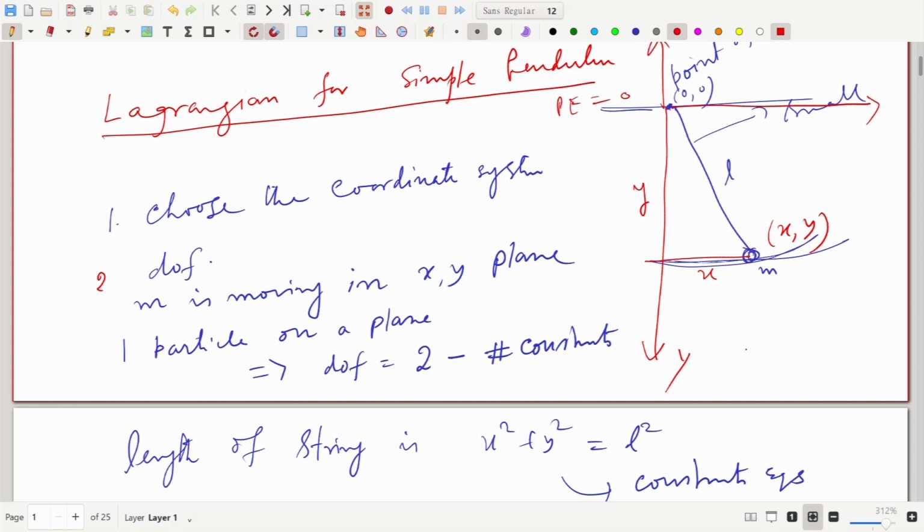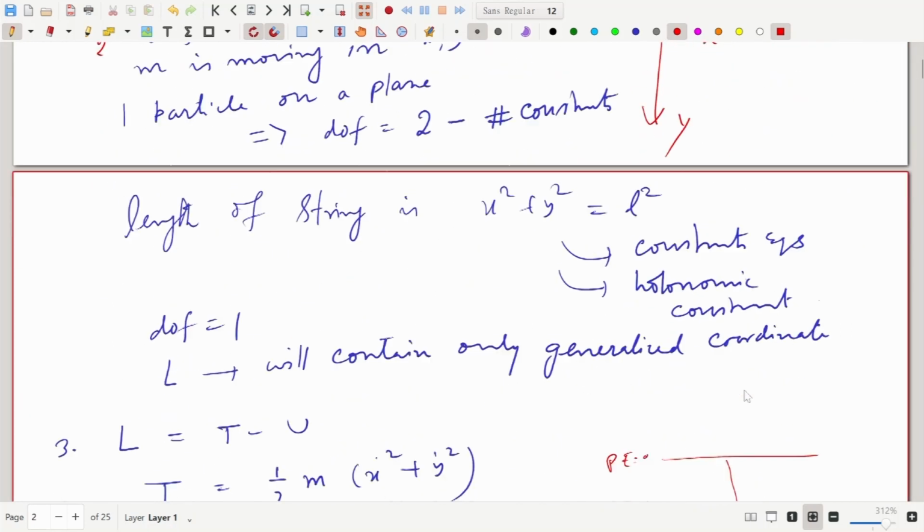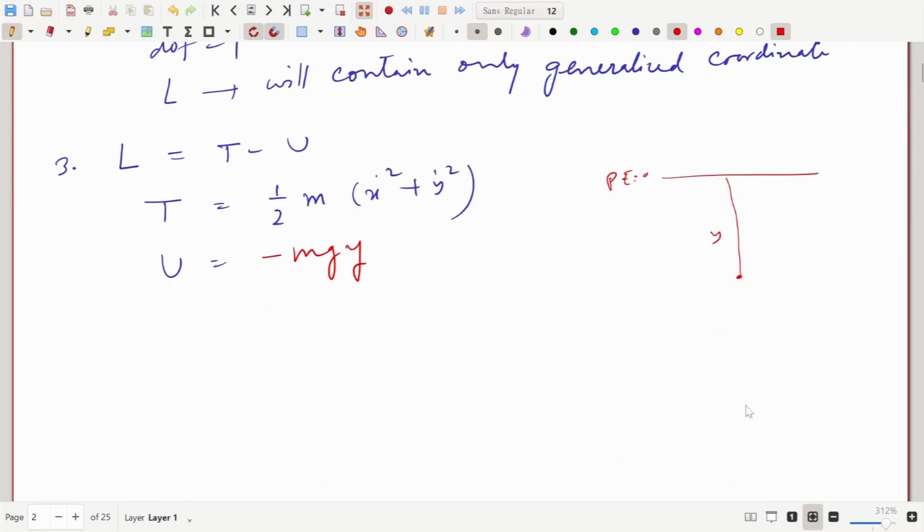Okay. And suppose this angle is theta. Theta is appropriate to describe the pendulum motion in terms of the angle of oscillation.